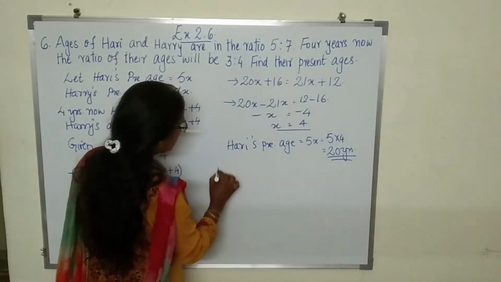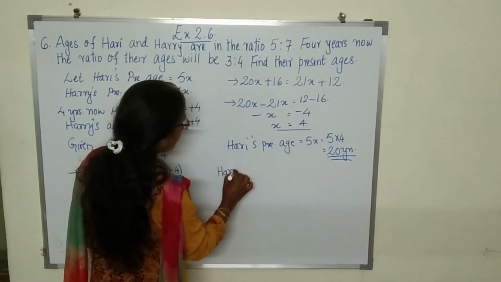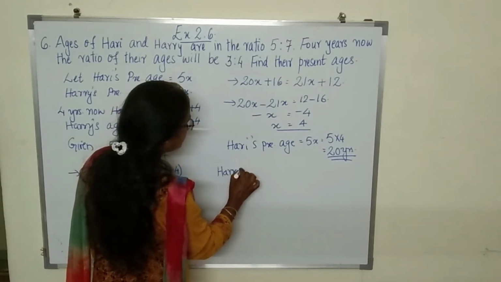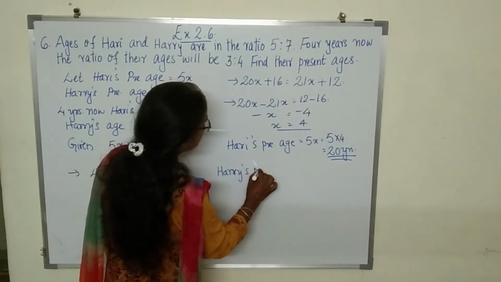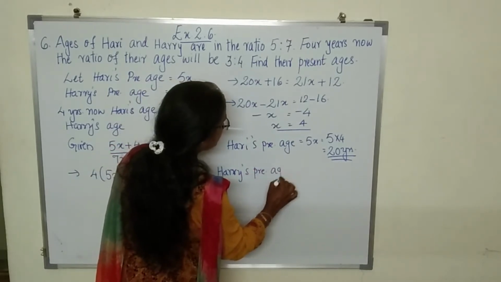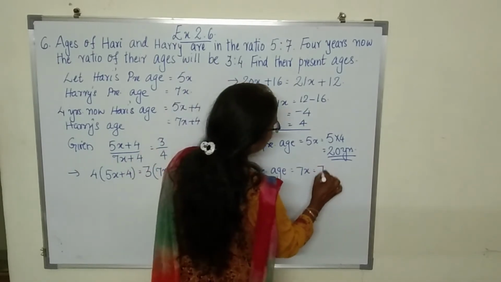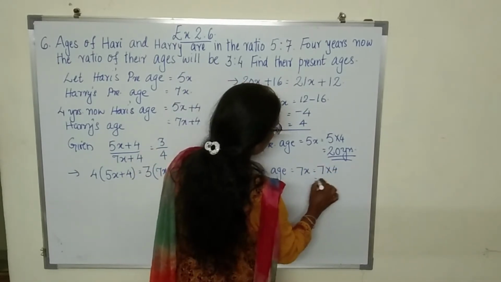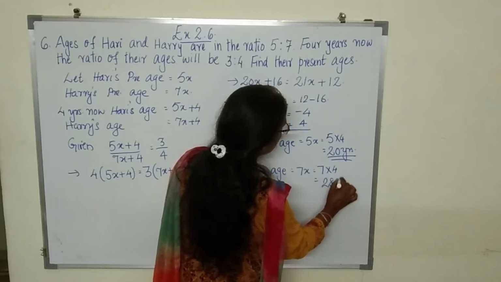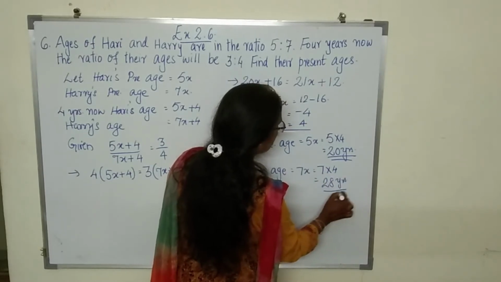And what is Harry's present age? It is 7x. That is 7 into 4, that is 28 years.